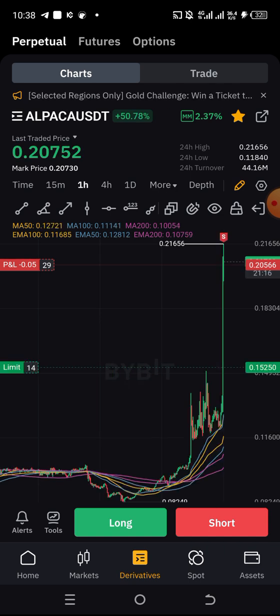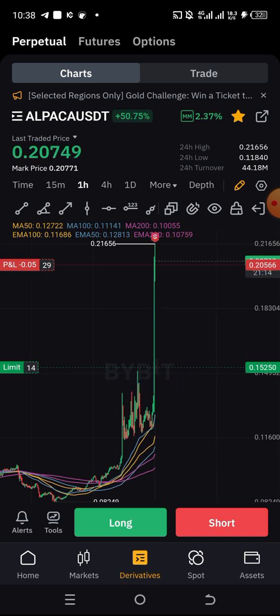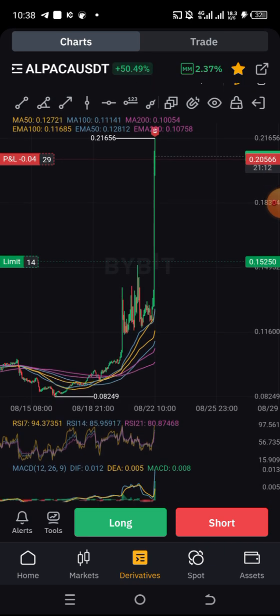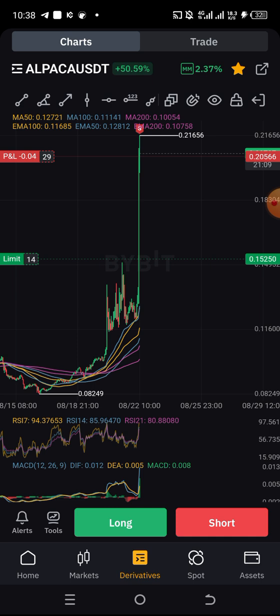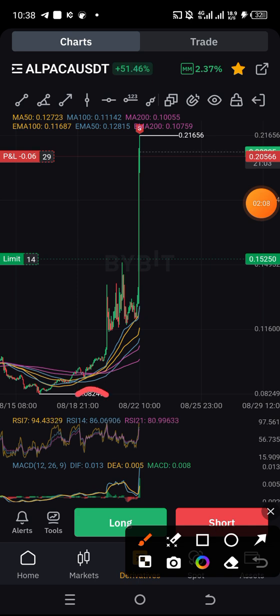So I will go to the 1 hour time frame. Once I am in the 1 hour time frame, I have already set my RSI indicator. I'm going to check my RSI 14, which is this, to identify what number it is.